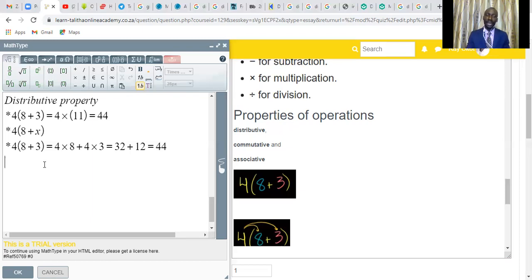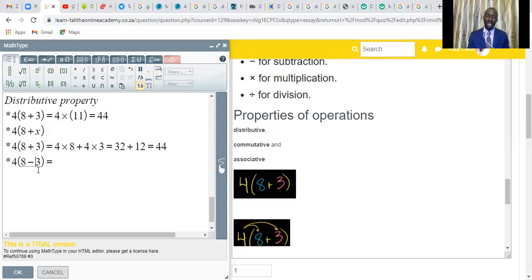Now, the next thing I would like us to look at is, what if instead of having a plus, we had a minus? How would we have done it? Well, we could have still done it the same way. For 8 and 3, we can simplify that.